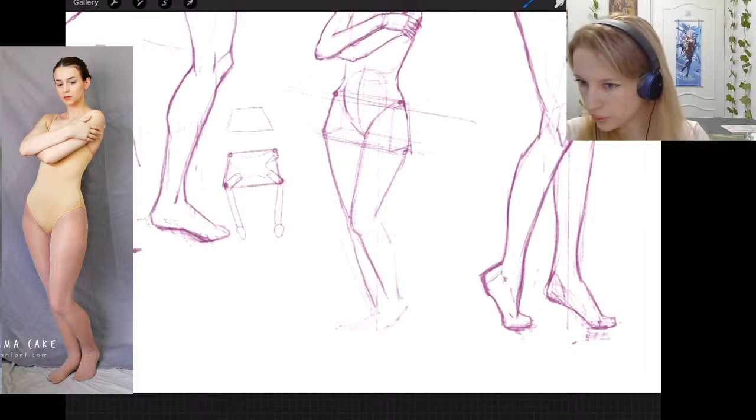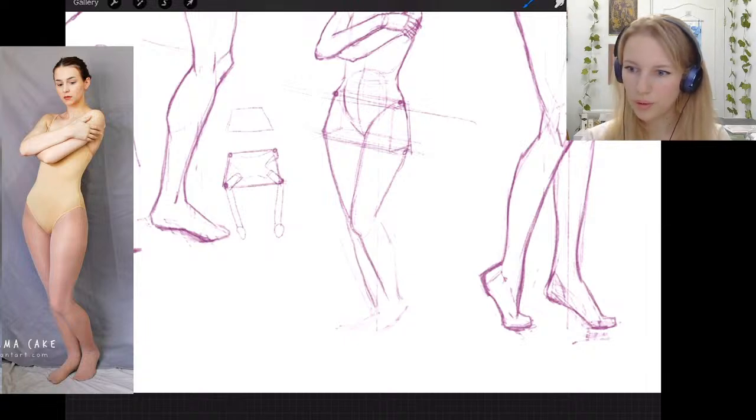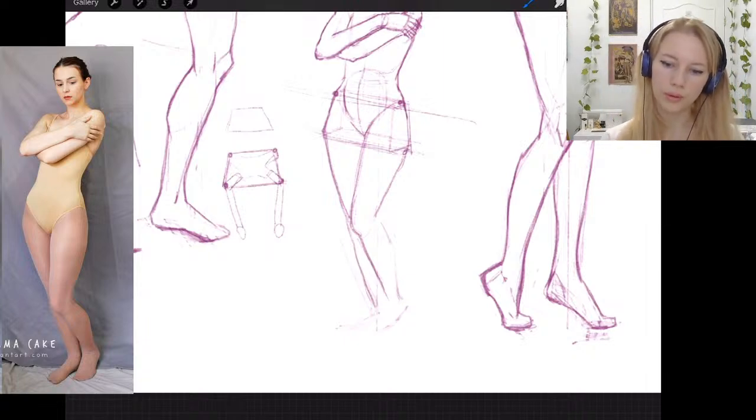Very difficult to learn to draw that part of the body. The forearms were also always complicated for me. Yeah, I would definitely agree.